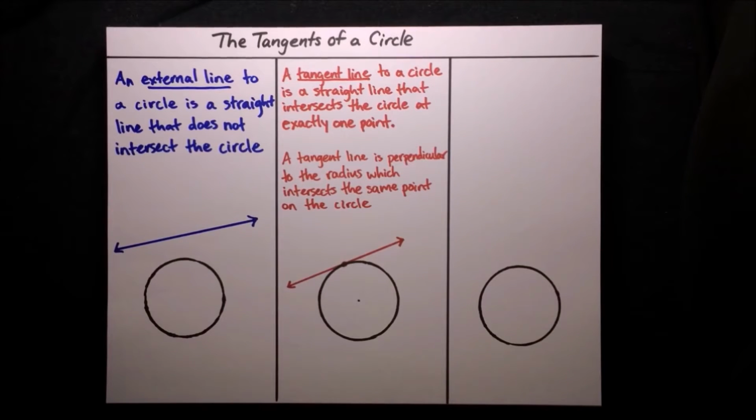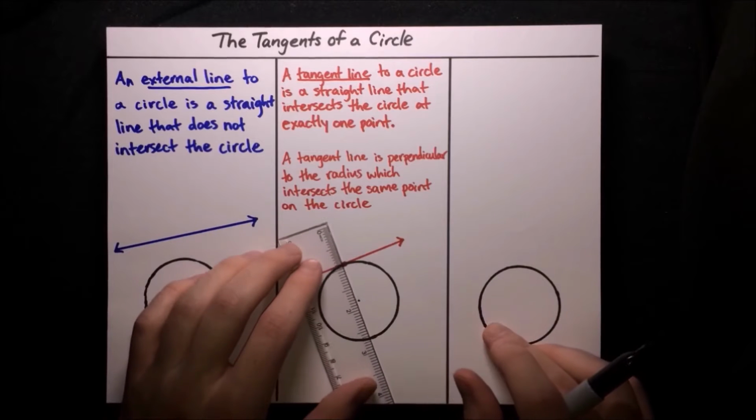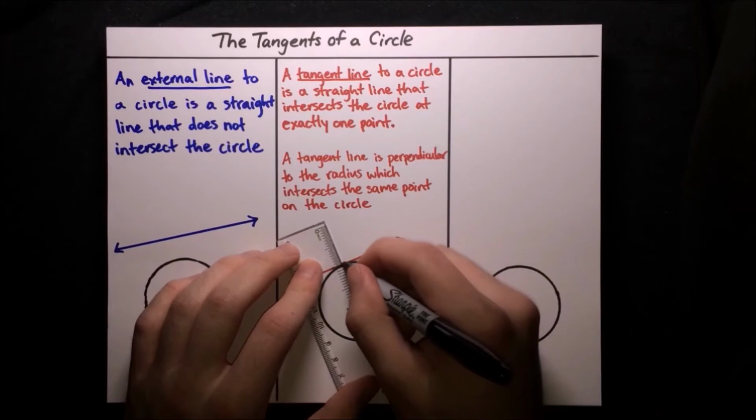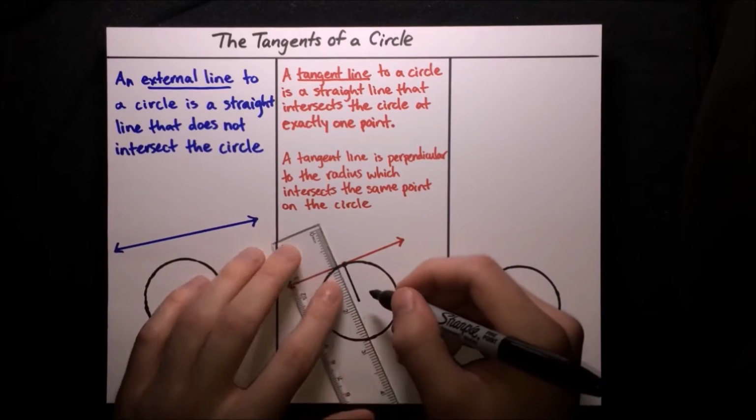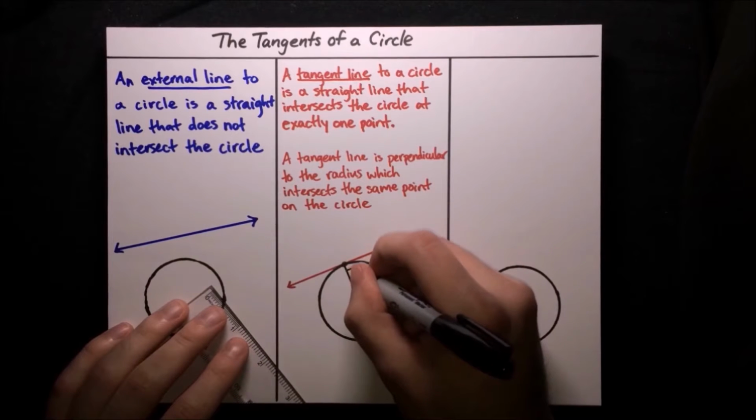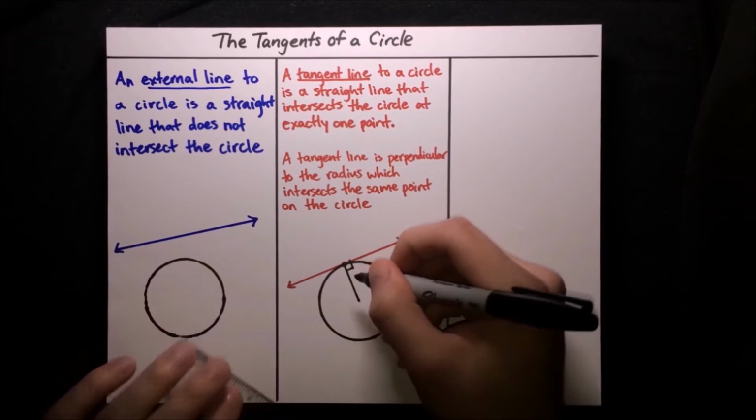So why don't we go ahead and draw a radius on the circle which intersects the same point. So this will be our radius, and that has to be perpendicular to the tangent line. So that's a right angle.